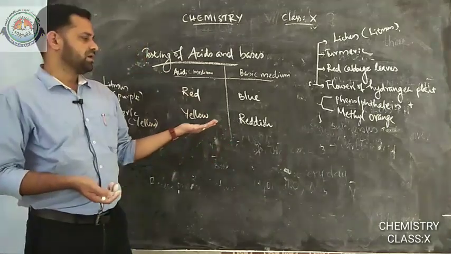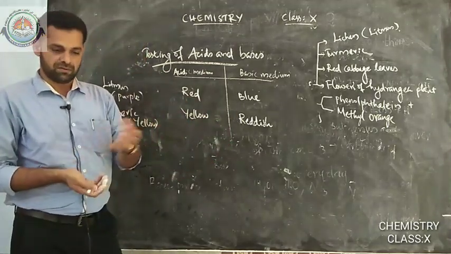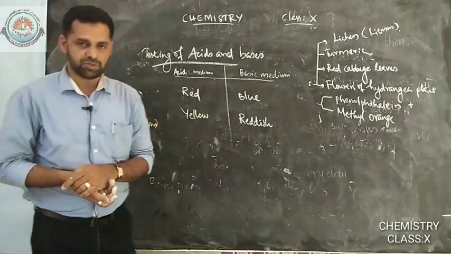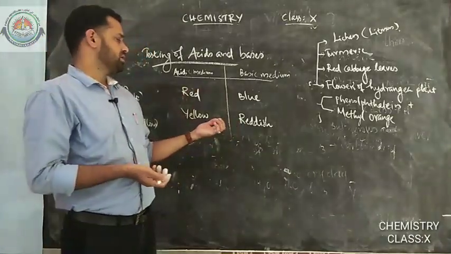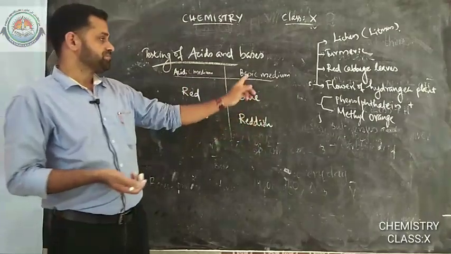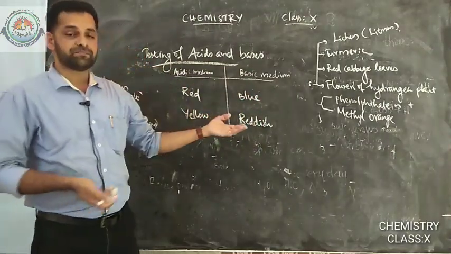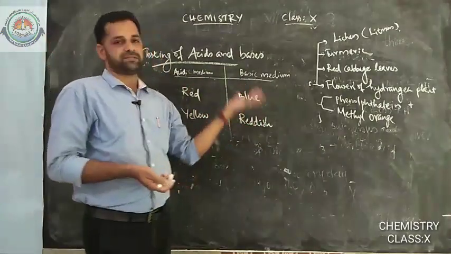Why? Because soap solution is a basic solution, that is why in basic solution the yellow color changes into red, due to the presence of base.